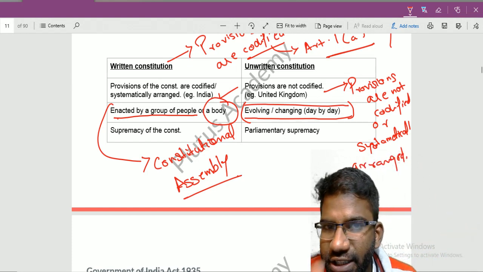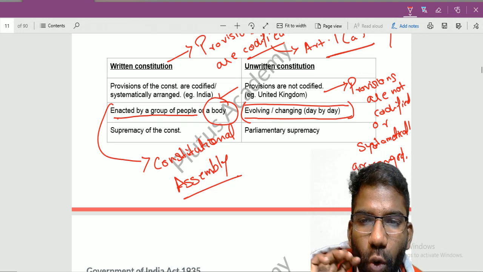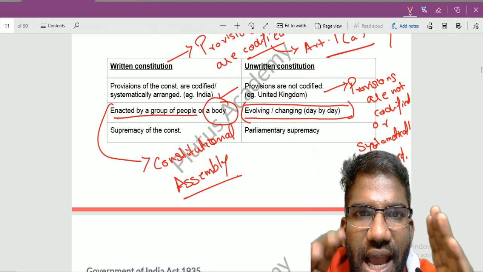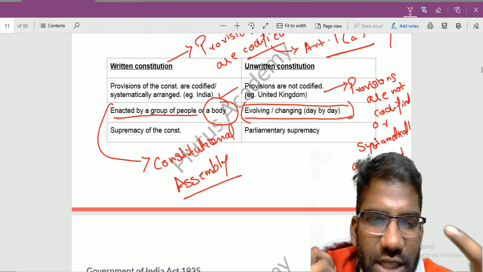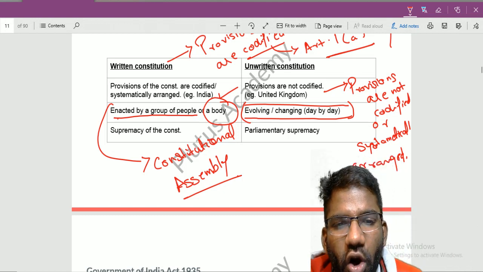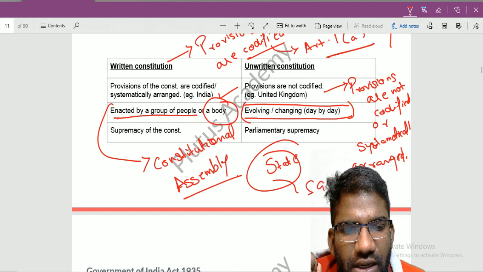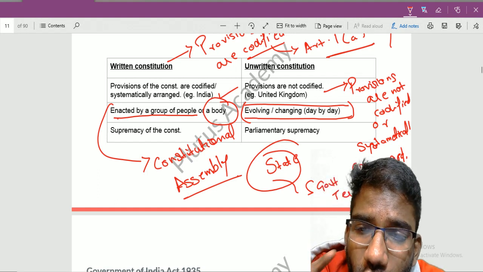Now, a country which has a written constitution will have supremacy of the constitution. What does it mean? A country which has a written constitution will have constitutional supremacy. That means all the organs of the state, even government, territory, population, every organ of the state, will derive its power from the constitution.